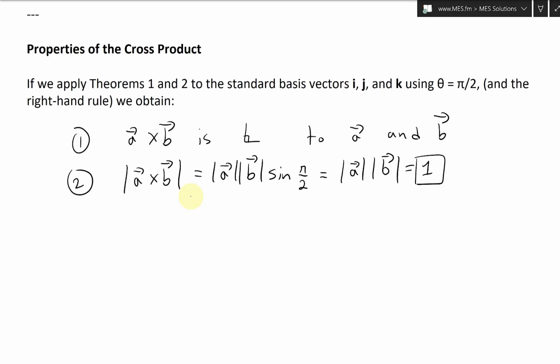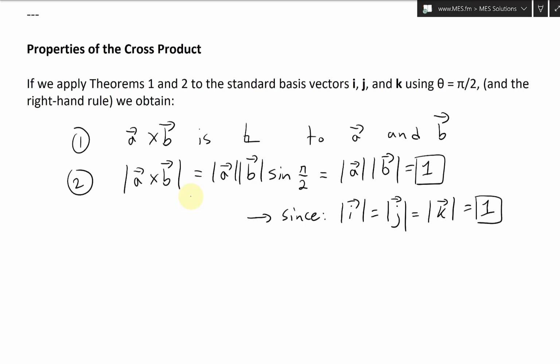Since the length of i, the standard basis, equals the length of j, equals the length of k, which equals 1.